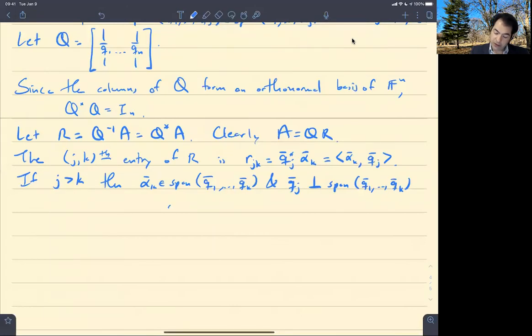These facts together tell us that alpha k is orthogonal to Qj, and so Rjk is equal to 0. Thus, R is upper triangular.